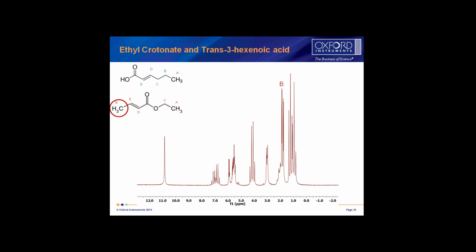We have the CH3 from the crotonyl group in the ethyl crotonate. We have the CH2 from the ethyl group, and we have the two olefinic signals from the ethyl crotonate. The singlet at the end is the OH from the acid group, but that's not coupled to any other spins.